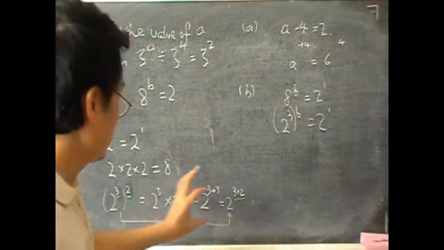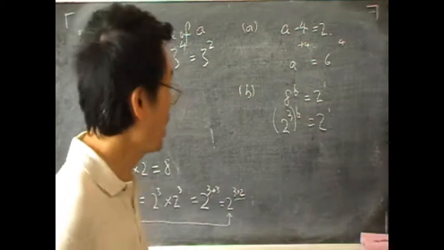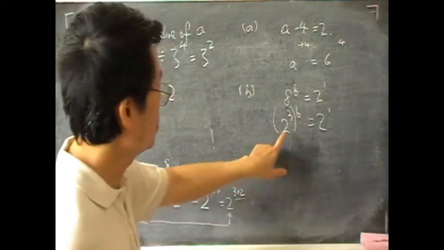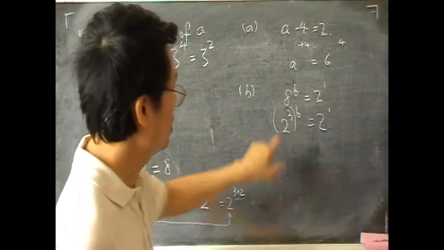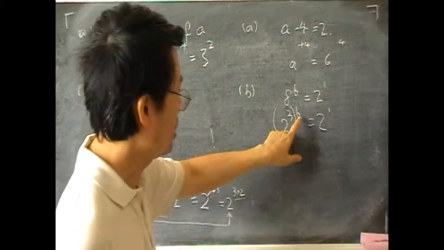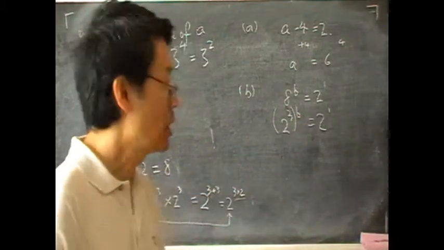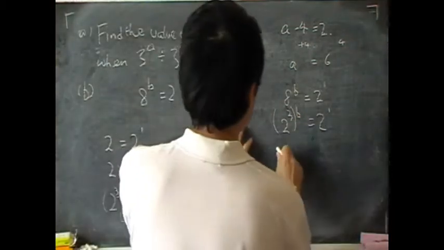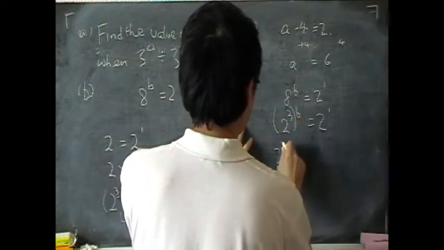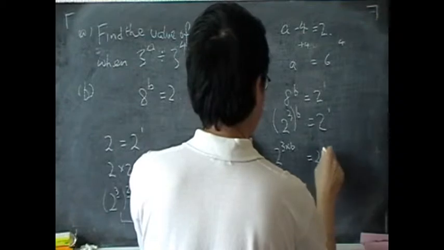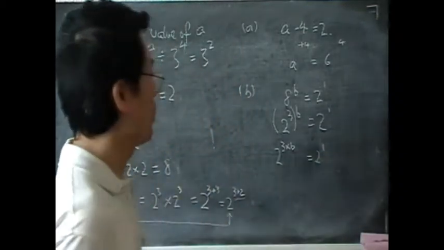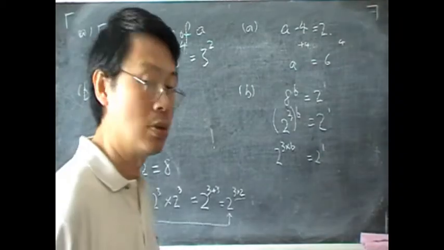So with this understanding, I can now go to here and say that 2 to the power of 3 bracket and then to the power of b should be the same as 2 to the power of 3 times b. Right?